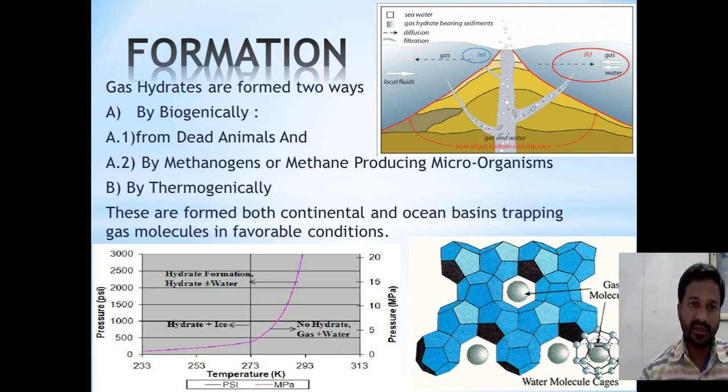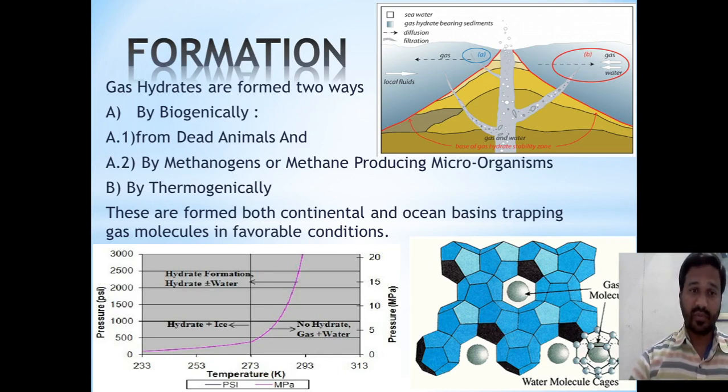Biogenically means the microorganisms and animals which are abundantly present in the oceans get settled down on the ocean bottoms, and they create and release CH4 gas.